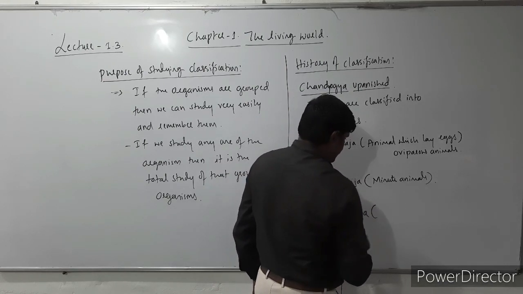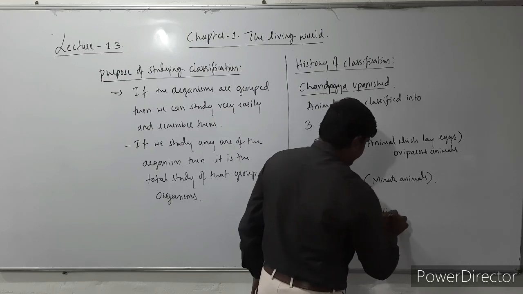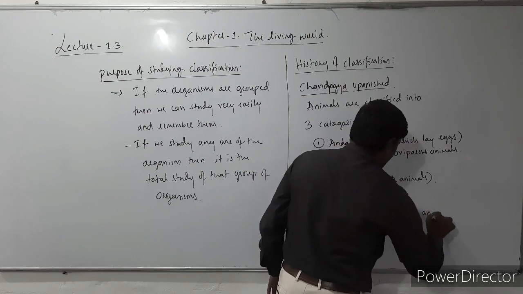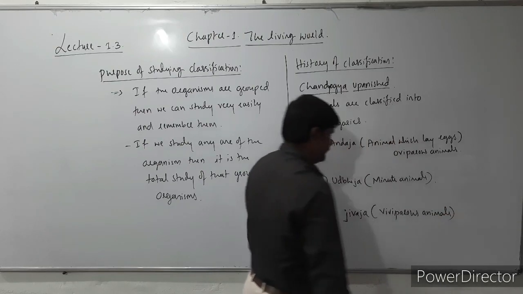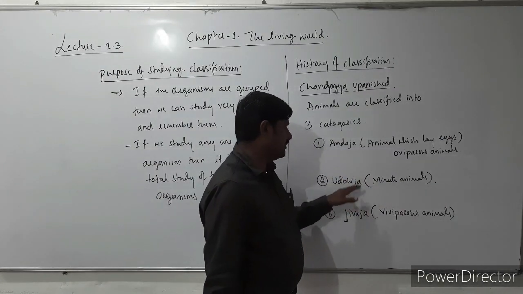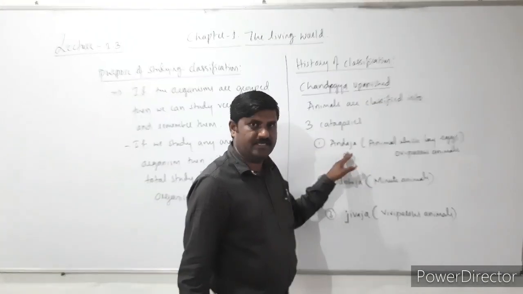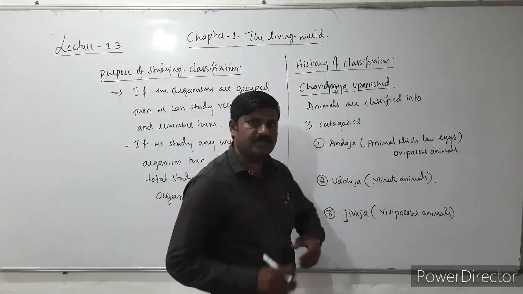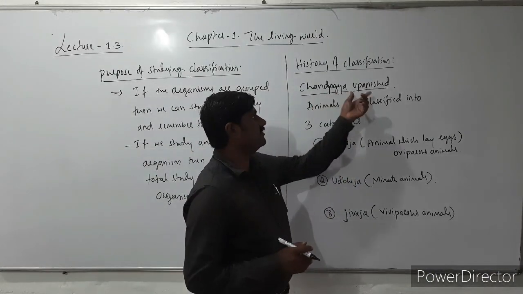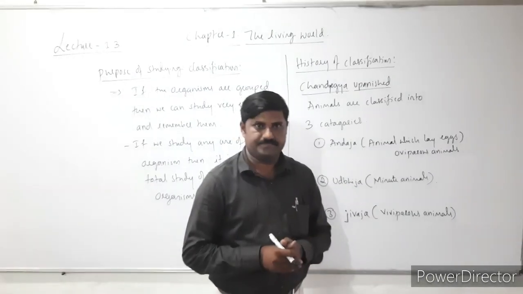These are viviparous animals. Jivaja, Udbhija as well as Andaja are the three categories of animals. They have been classified so in the Chandogya Upanishad itself.